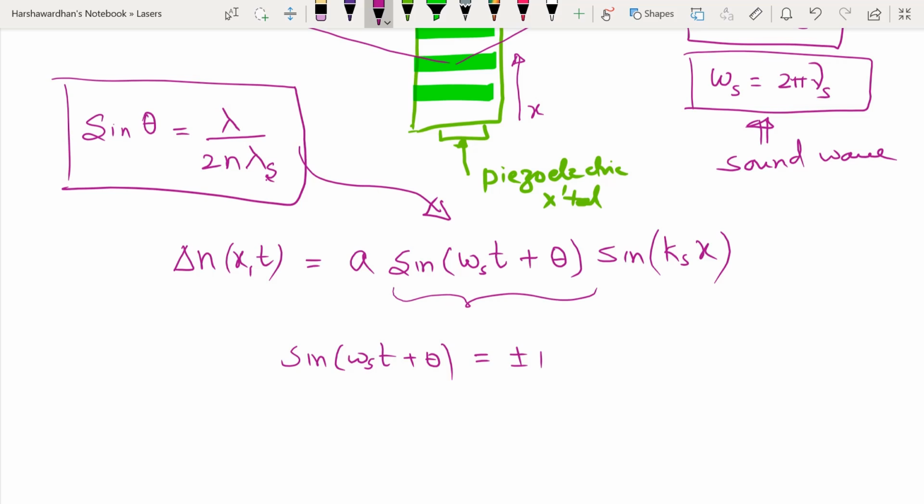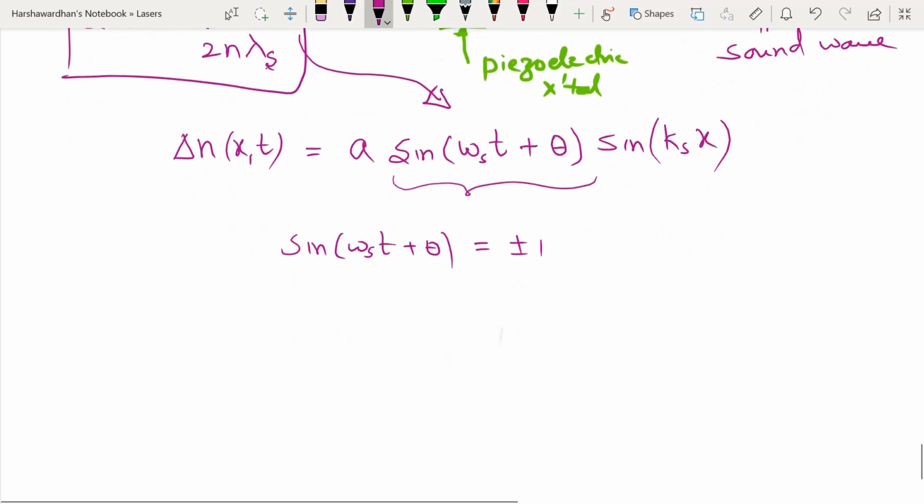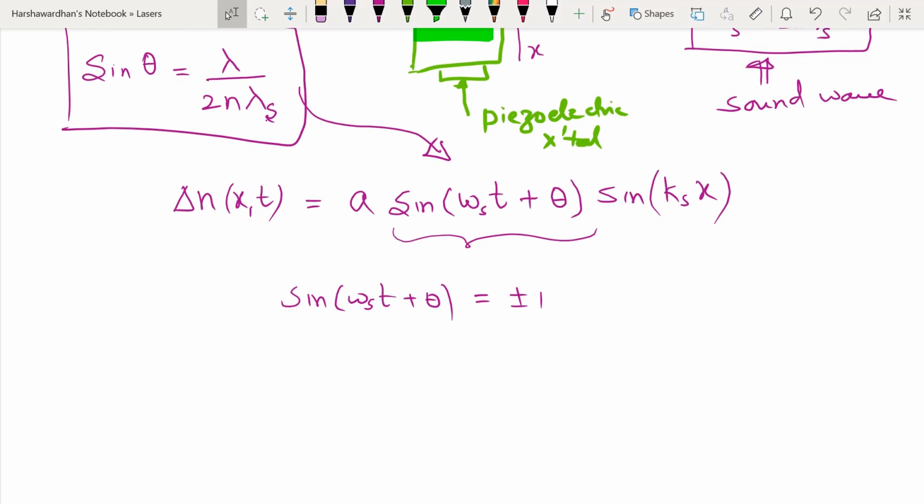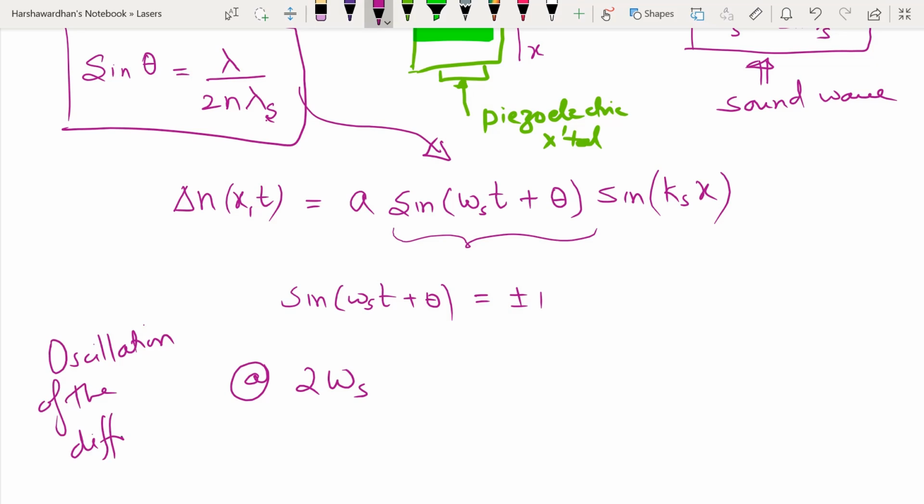So this diffraction pattern itself would be oscillating at twice omega s, where omega s is the sound wave frequency. This is the oscillation of the diffractive grating, right? One has created a grating using the sound wave.